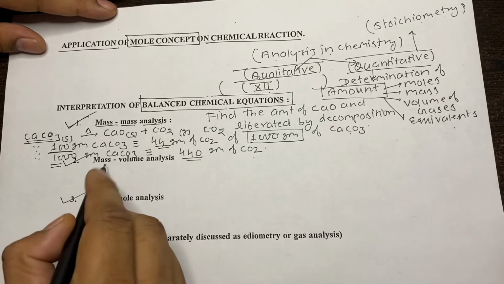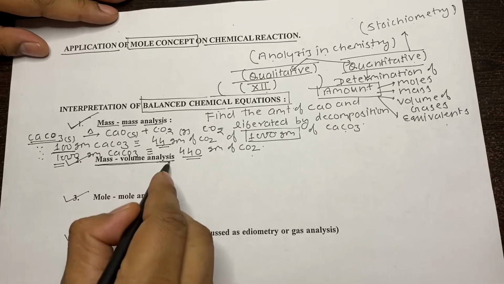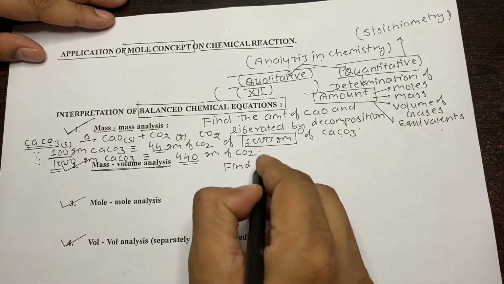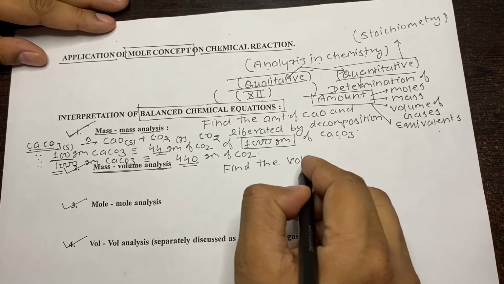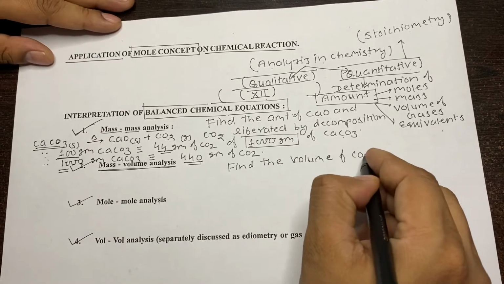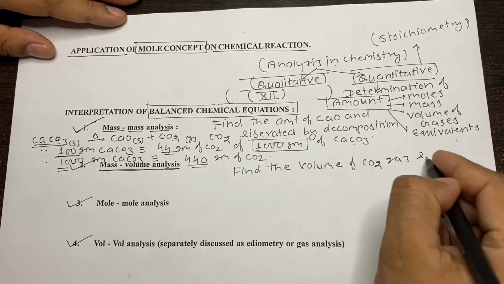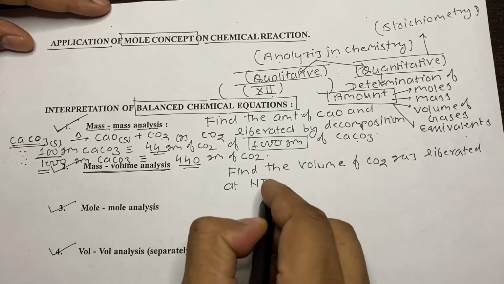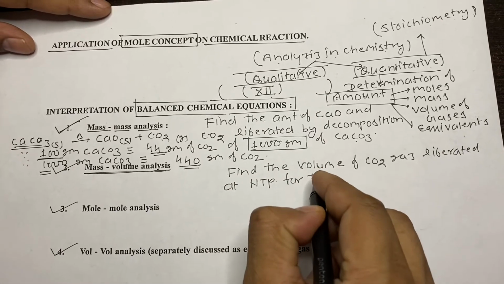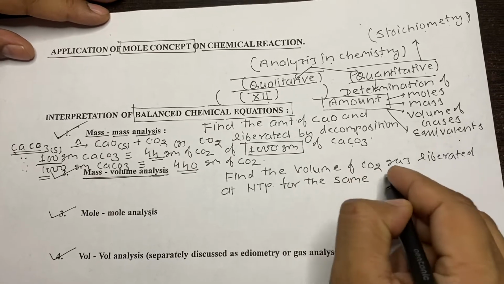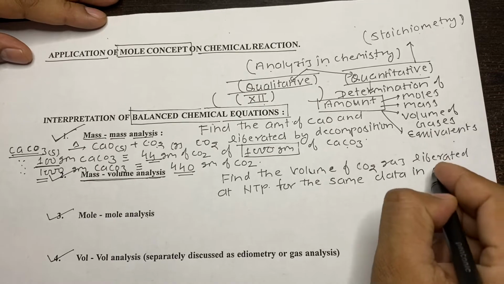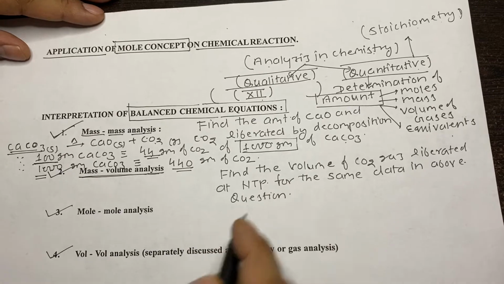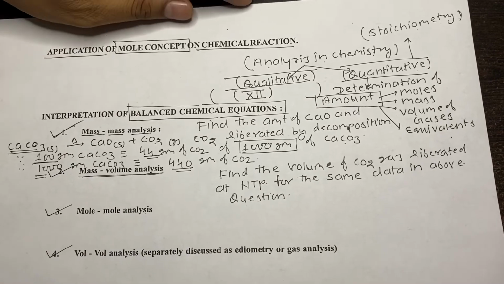We can take what is mass volume analysis by using the same example. If it is required to find the volume of CO2 gas liberated at NTP for the same data in the above question, it means that by decomposition of 1000 gram of calcium carbonate, what volume of CO2 will be liberated at NTP?